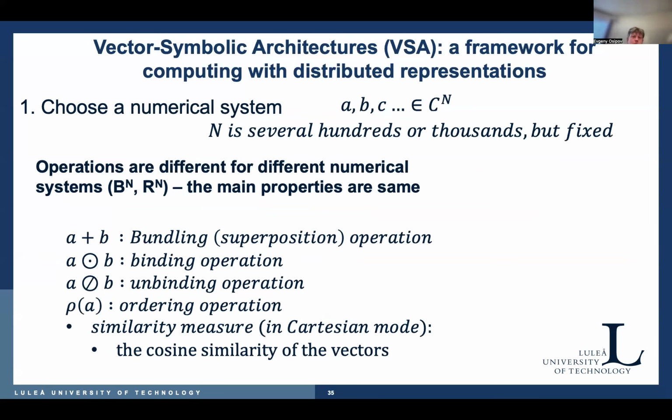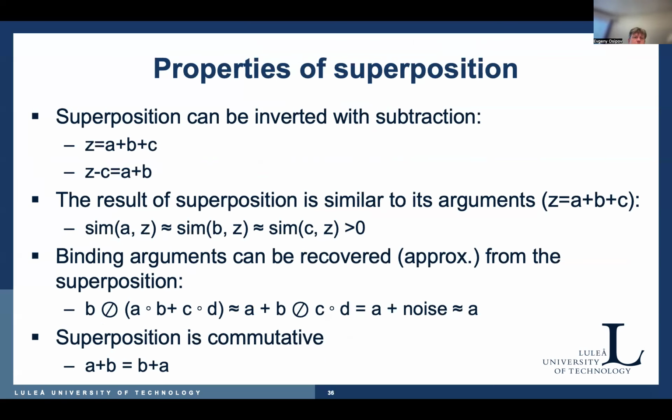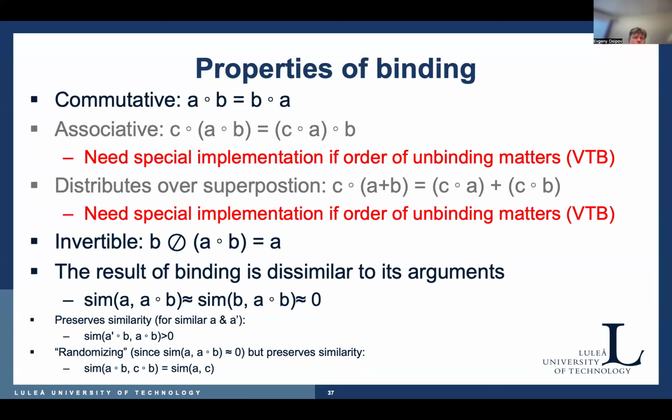So let me just scroll. I will not go into this stuff. This is just a description of different atomic operations you can do on the vectors. Maybe I want to stop here because there is a keyword, binding.